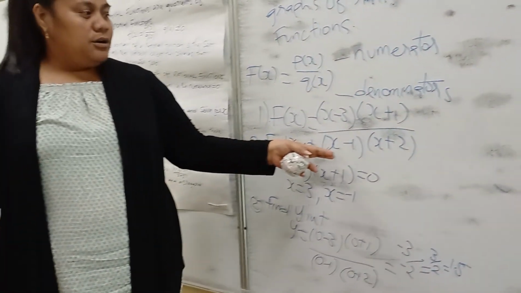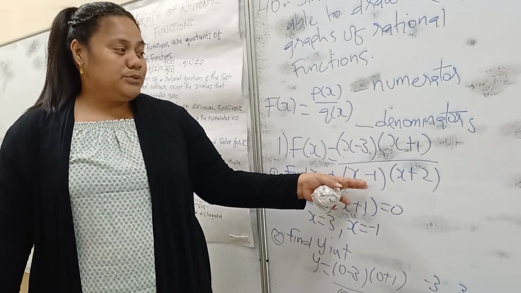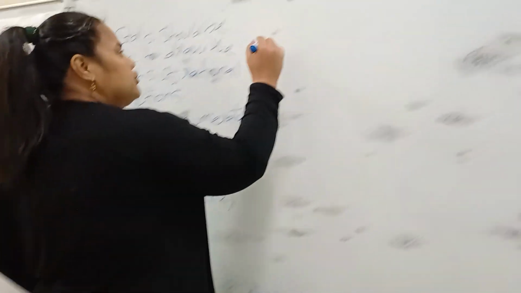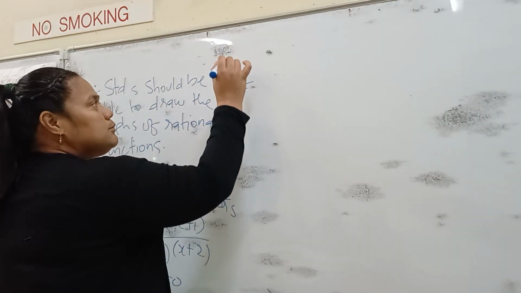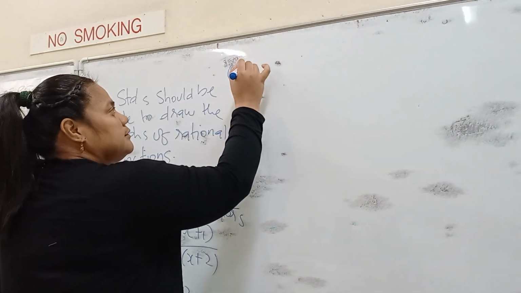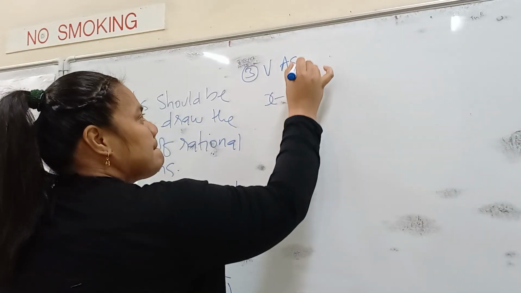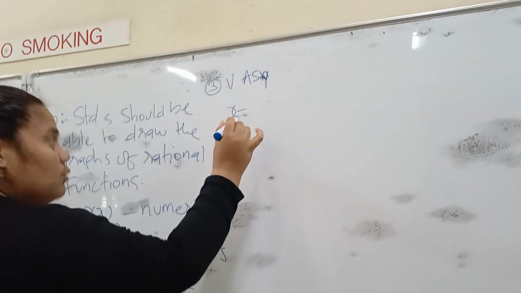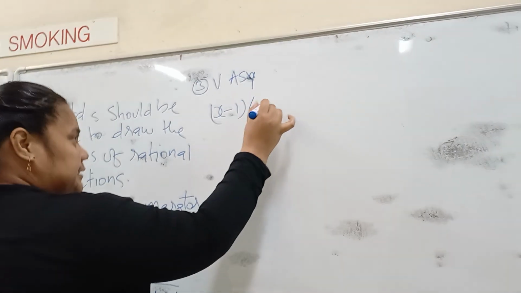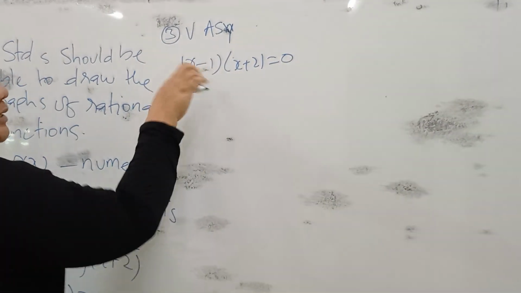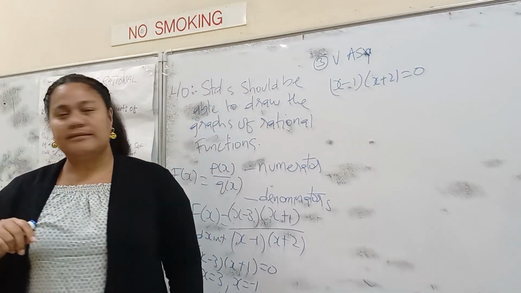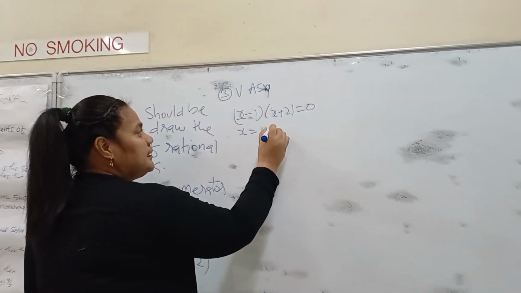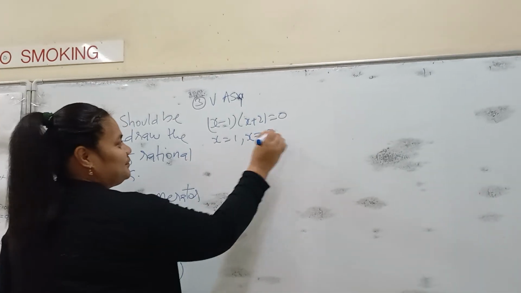So for finding the vertical asymptote, the denominator is equal to 0. (x minus 1)(x plus 2) is equal to 0. What is the value of x here, class? x equals 1 and x equals negative 2. Very good. Good job.